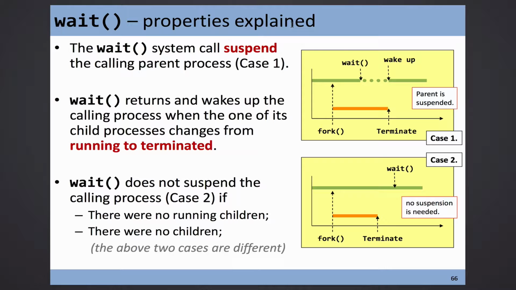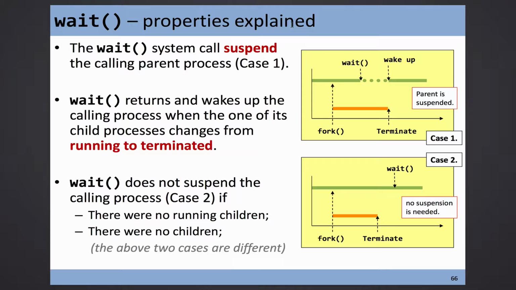The suspension depends on the termination here. You will be kept inside the kernel and not released until the event, which is the termination of the child. Whenever the child terminates, you will be released.